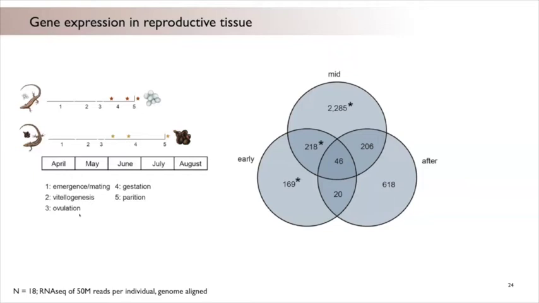And we did so with the oviparous and the viviparous females. And we had then an overlap between genes that were in early and mid-pregnancy, and then also some that were after. And these, we found consistent signals of differential expression between the oviparous and the viviparous.